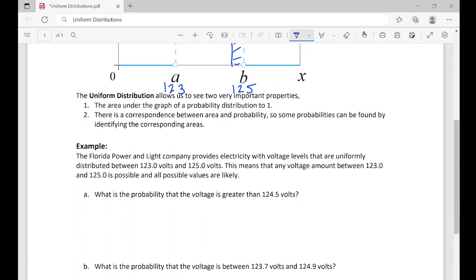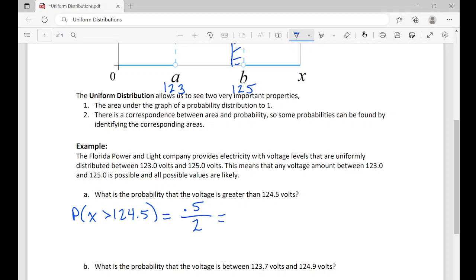So what we're going to do is the probability of our x value being greater than 124.5. The way to do this is to find the sliver area. So between 124.5 and 125 is actually just going to be 0.5. And then the distance between 123 and 125 is just 2.